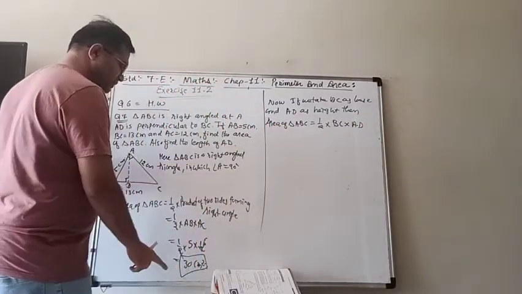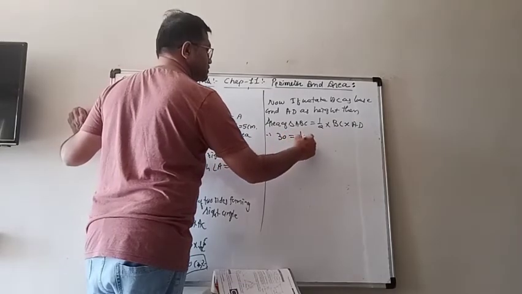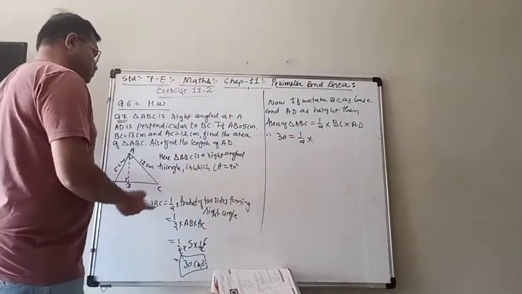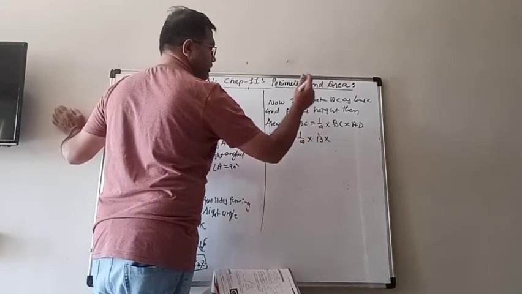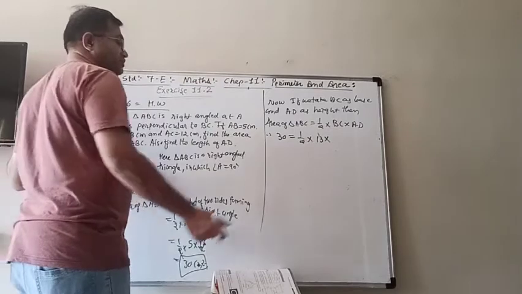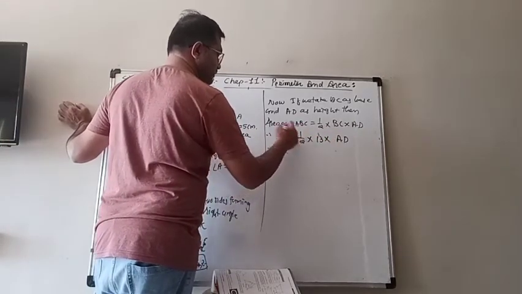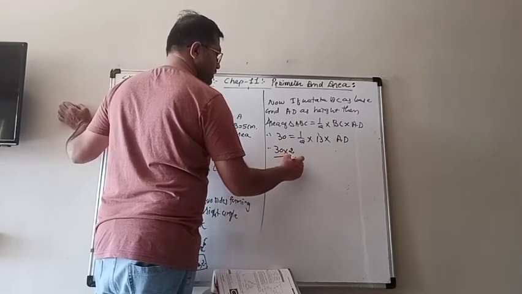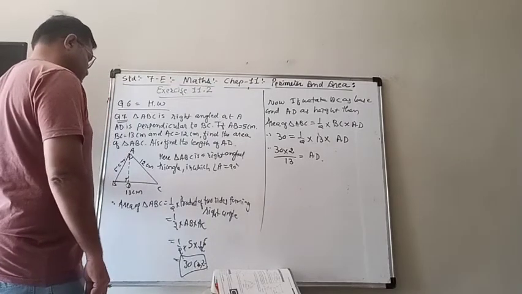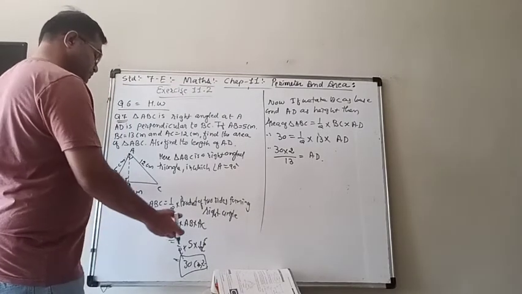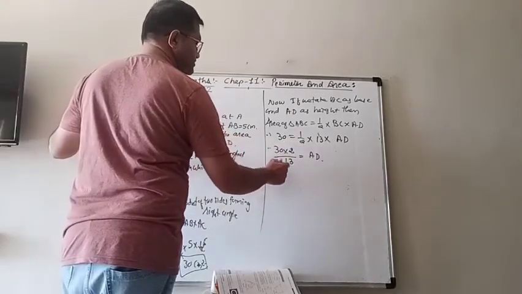But already we find the triangle's area 30. So 30 is equal to 1 by 2 into what is BC? 13 centimeter. And AD we have to find, so we will write down AD. Therefore 30 multiplied by 2 divided by 13, that is equal to AD. So 1 by 2, 30 to the 60.